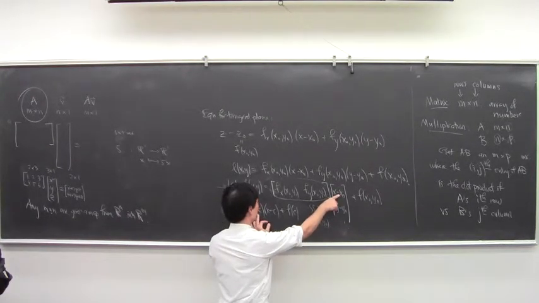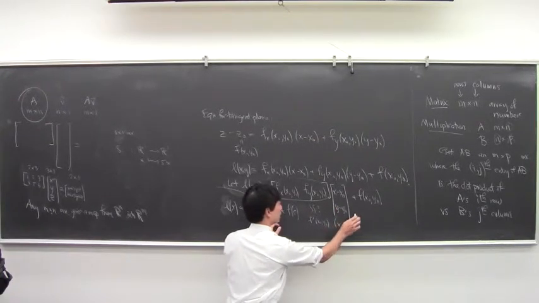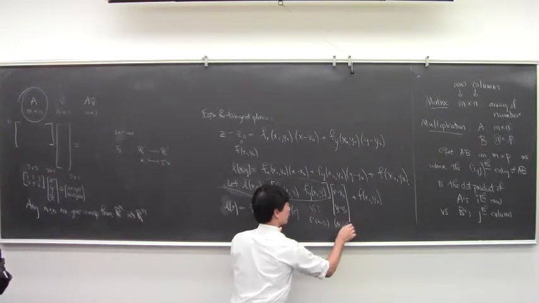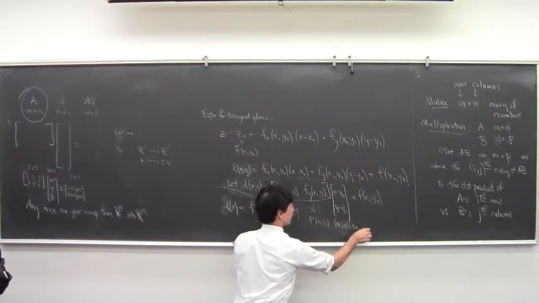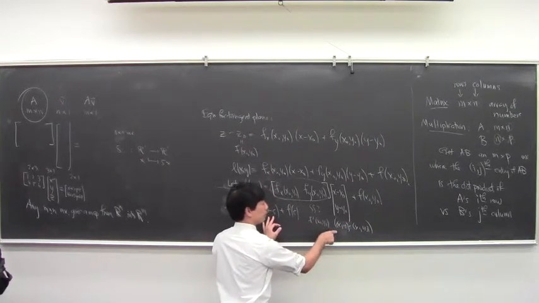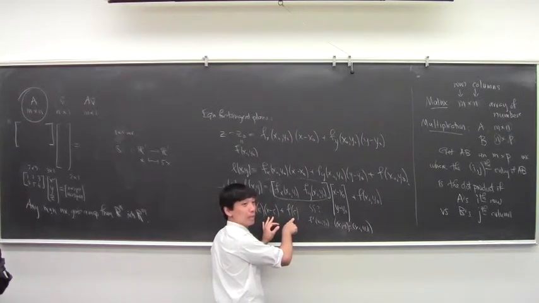This thing here is the difference between x, y and x naught, y naught. And this thing here is the value of f at that point.